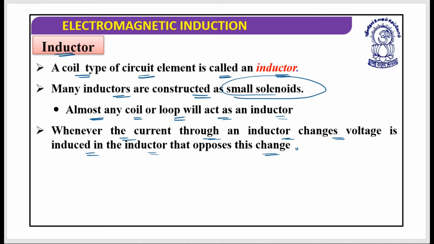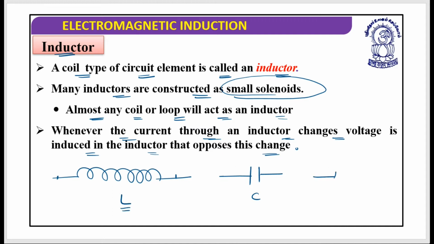But first, how does an inductor look? Let's suppose this is the symbol of an inductor, just as a capacitor has its symbol and is represented by C. We use the symbol L to represent the inductor, just as a resistor has the symbol R. It is conventional to use a capital L for the inductor.